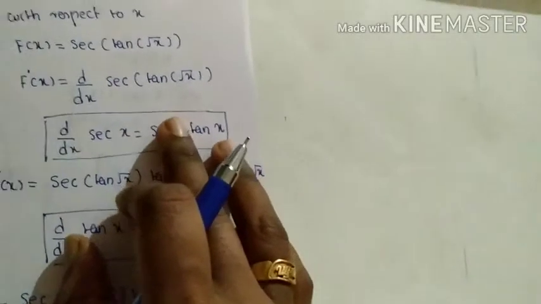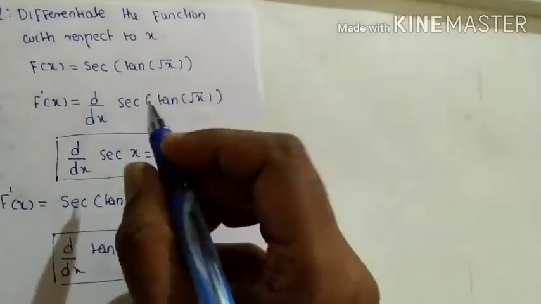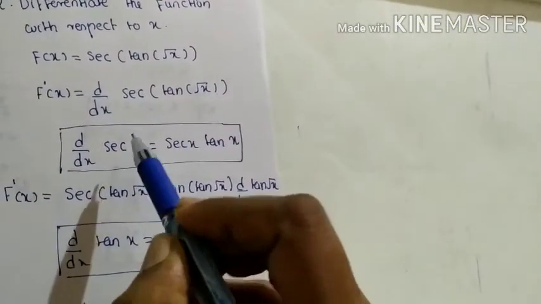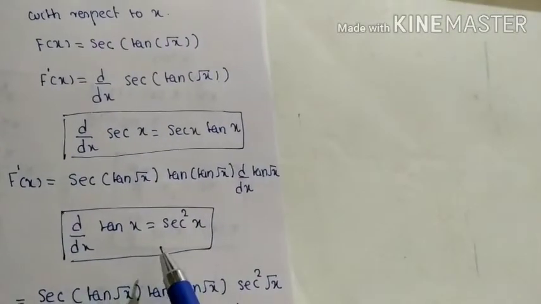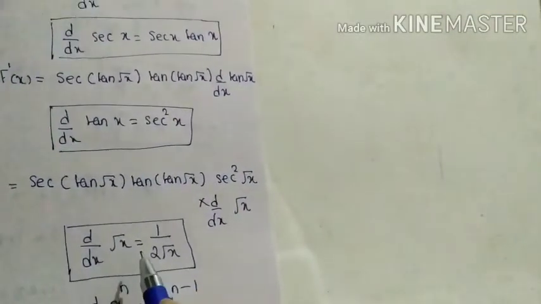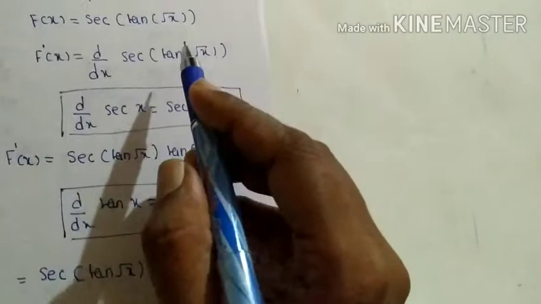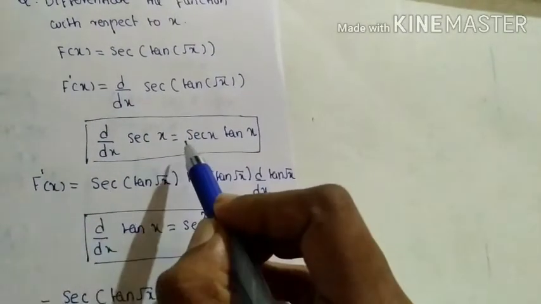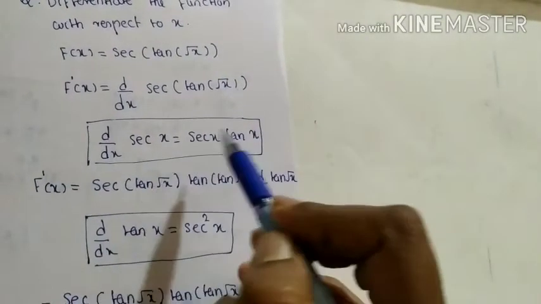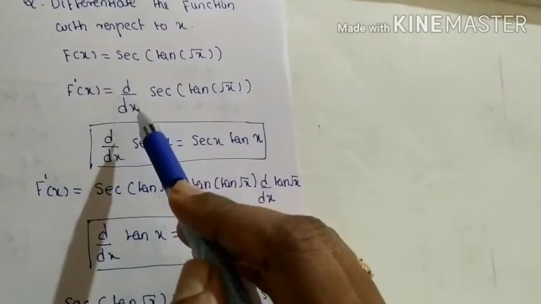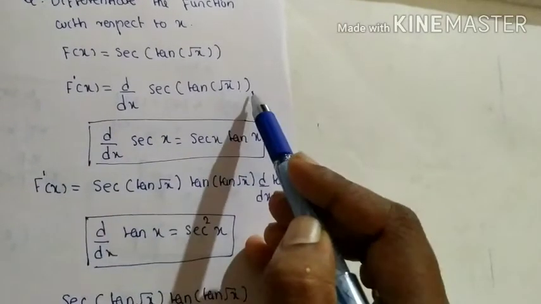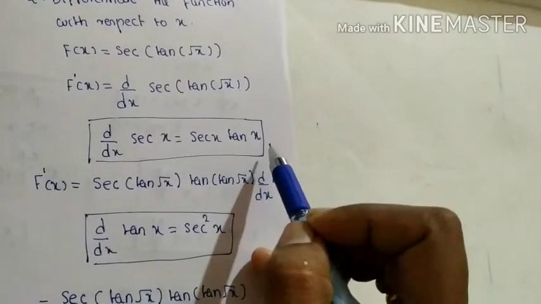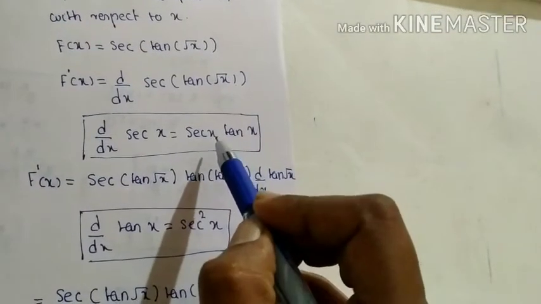Okay, this question consists of three standard functions. So we need to find three derivatives here. Okay, first one is derivative of sec x. We know that derivative of sec x is sec x tan x. Okay, here x is replaced by tan root x.